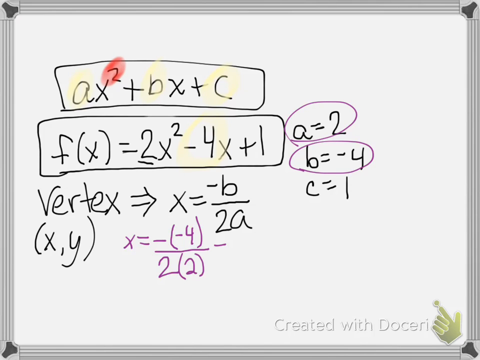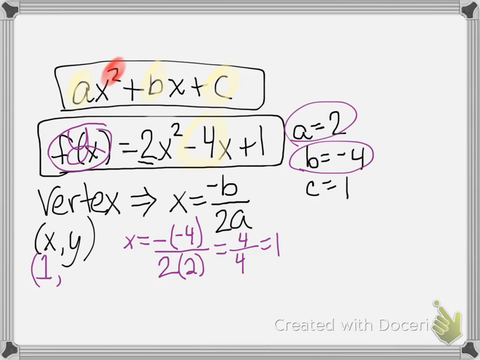And if I solve that, negative of the negative 4 times the negative 4 is going to be positive 4. 2 times 2 is 4, so I get 1. I know that my x-coordinate is 1. If I know my x-coordinate is 1, well then I should be able to plug it back into my original function to find y, because isn't f of x the same as y?